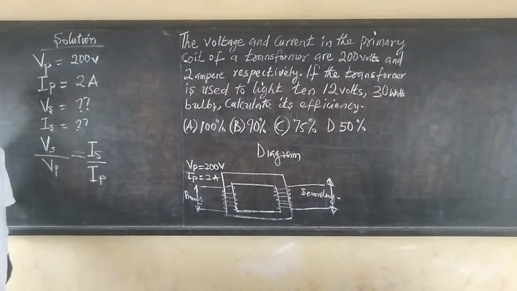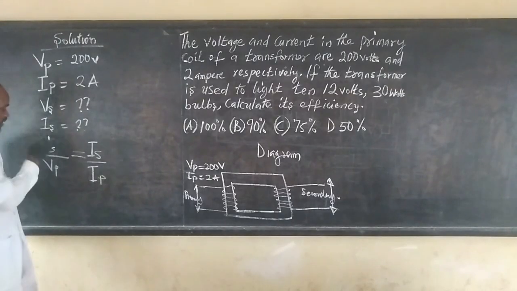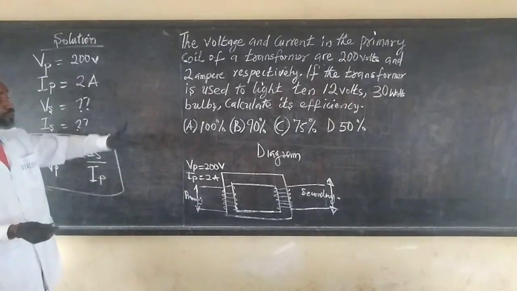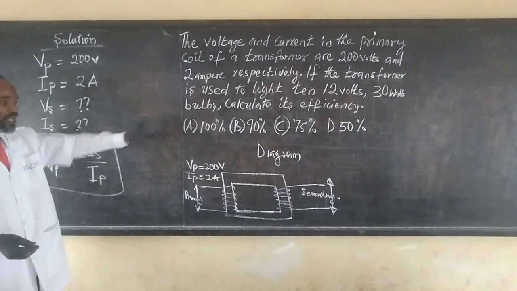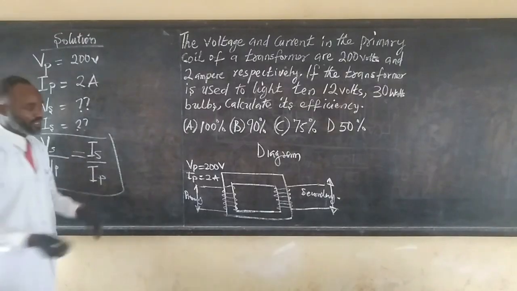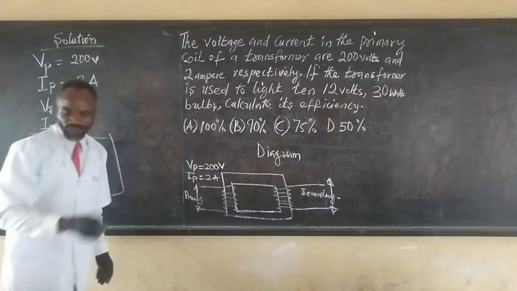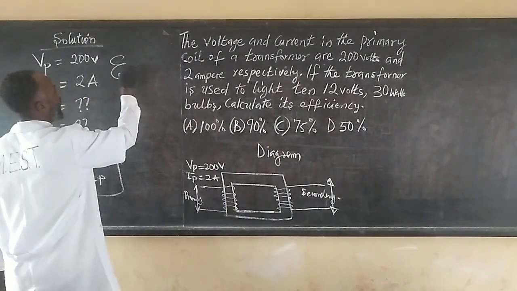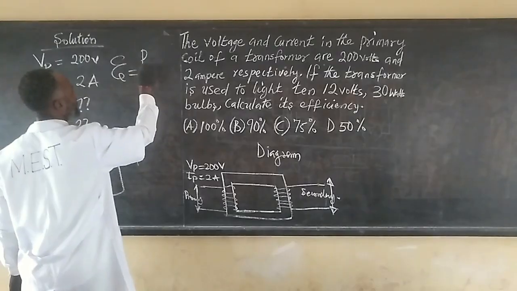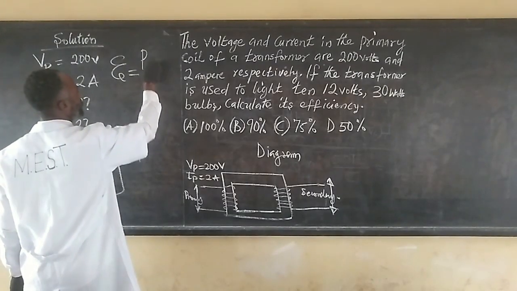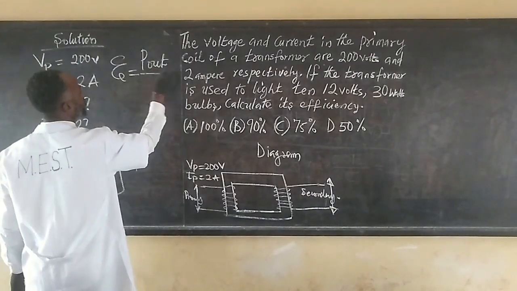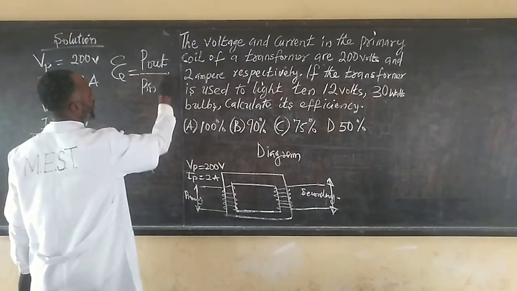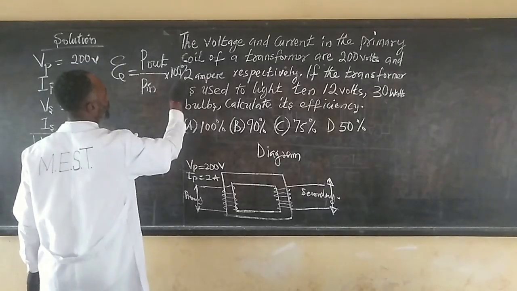If we have this, we now know the basic formula to use in solving problems that have to do with transformers. But the question here is the efficiency. So we can find efficiency as power output over power input, times 100%. That's what we're supposed to do.